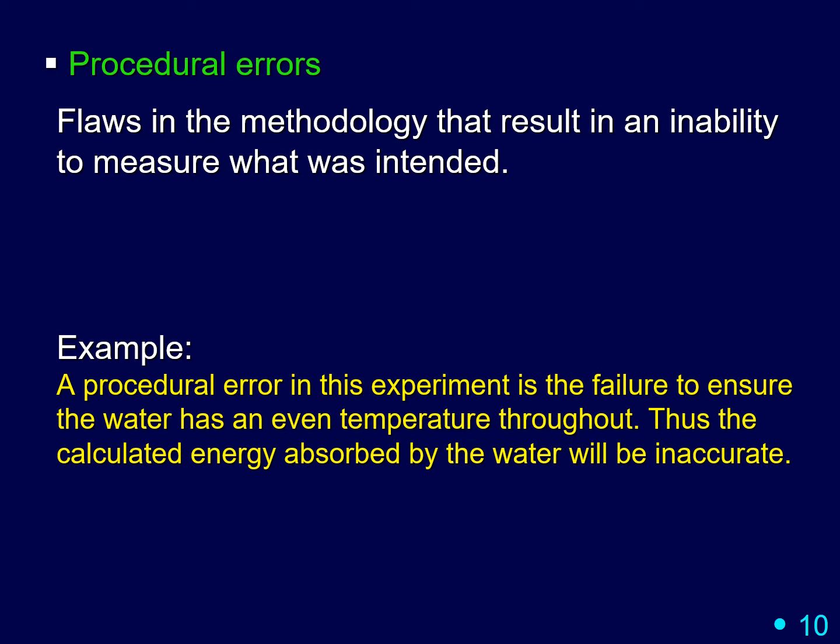Now, my example is the mixing of water. We simply bung the thermometer in 1 centimetre above the bottom of the beaker. Now there's going to be a temperature gradient. The temperature is going to change right throughout the beaker of water.